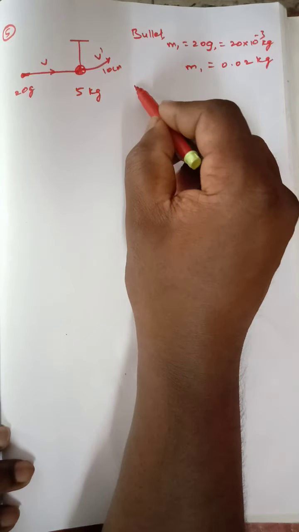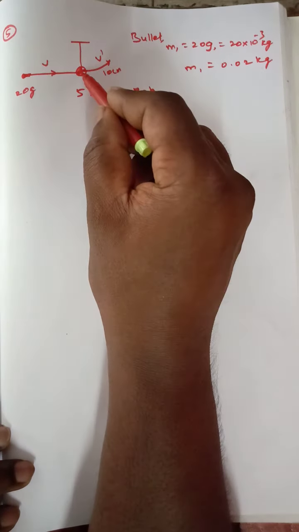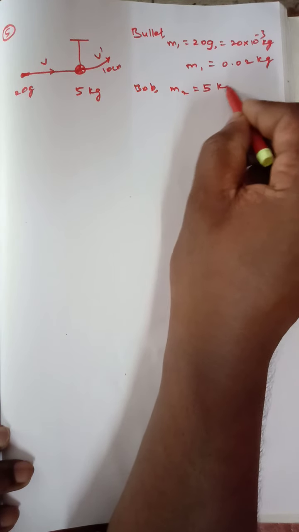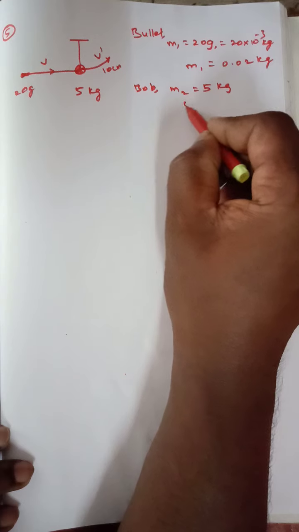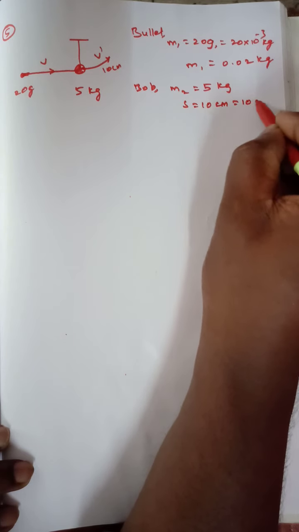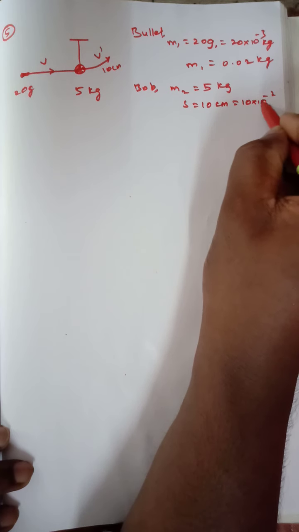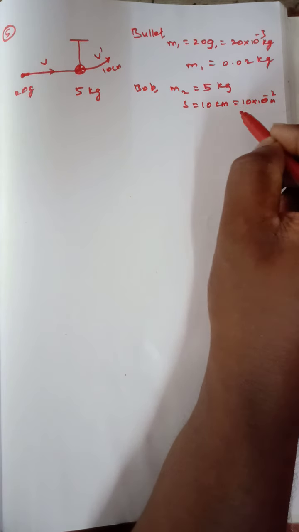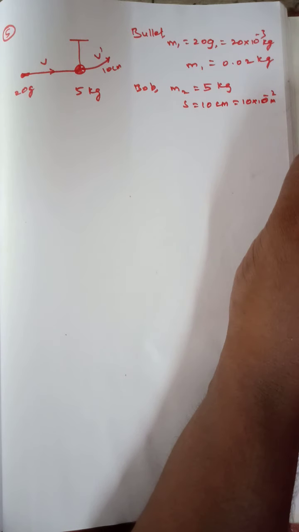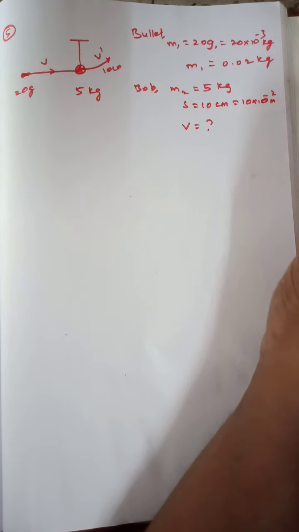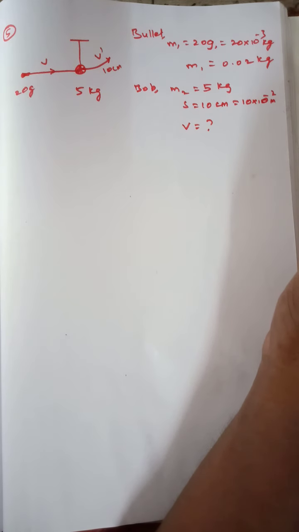Next, the bob. Its mass m2 is equal to 5 kilogram. It moves a distance of 10 centimeter. So write 10 into 10 to minus 2 meter, because 1 meter equals 100 centimeter, so 1 centimeter equals 10 to minus 2 meter. What is the velocity of both? That's v dash. We have to find v, the speed of the bullet before collision.